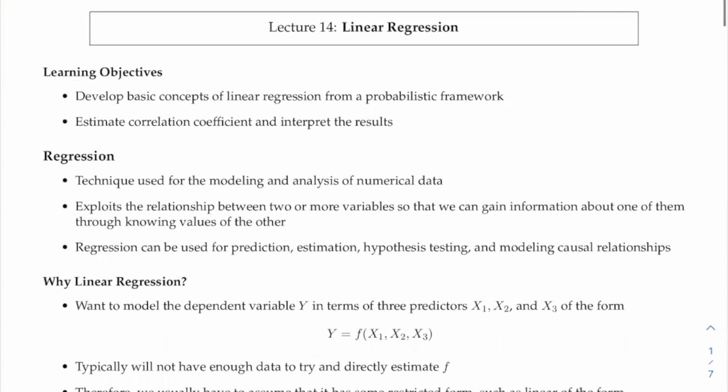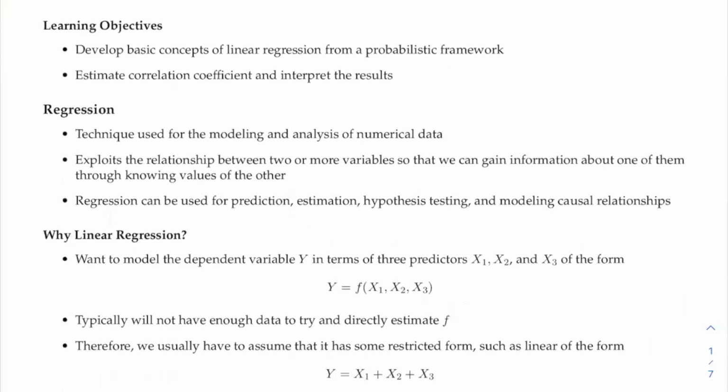For linear regression, I want to model the dependent variable capital Y in terms of three predictors, capital X1, X2, and X3, in the form of Y equal to f of X1, X2, and X3. Typically we won't have enough data to directly estimate the function f. We're just going to approximate, trying to fit the curve to the set of data points that we have.